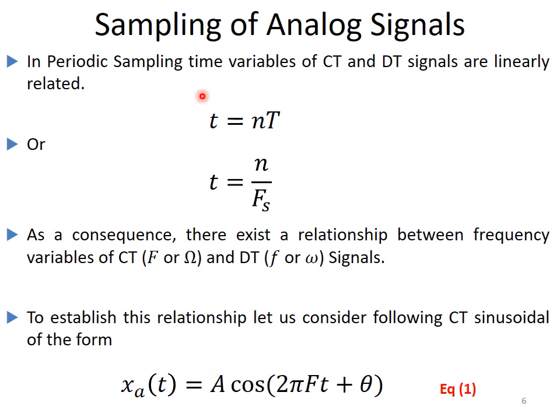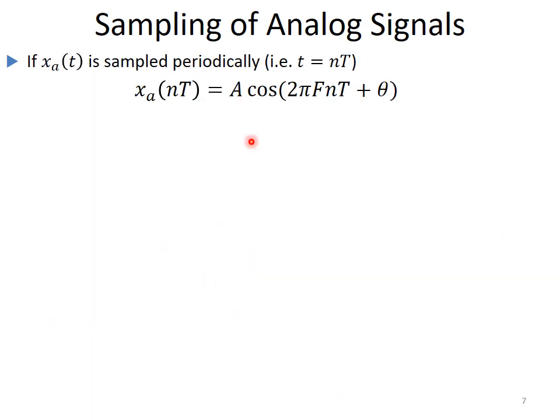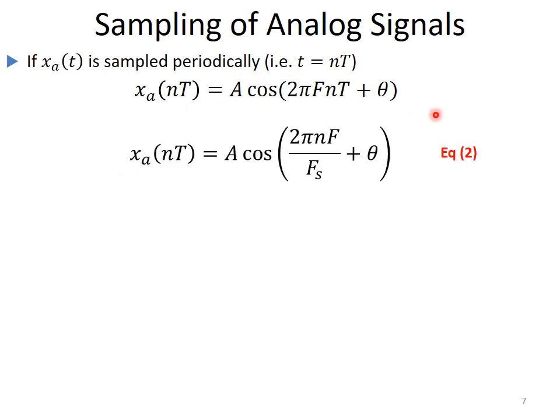Now, if we sample this continuous time signal using uniform sampling, then t would be replaced by nT or n upon Fs. After the substitution, we get this mathematical expression: xa(nT) equals A cos(2 pi F nT plus theta). Or if we replace T by 1 upon Fs, we will get this equation.